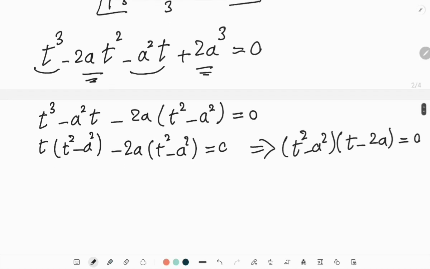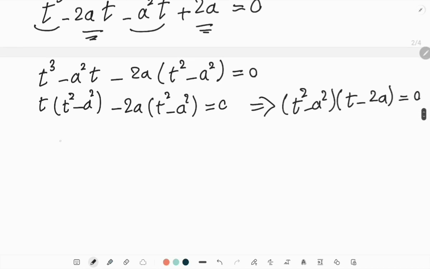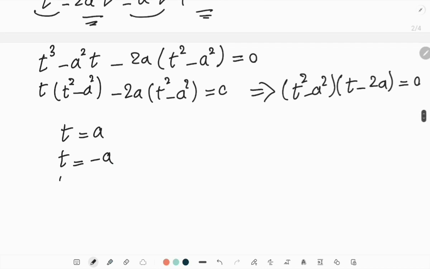So I already know all the roots. Basically t must be either a, minus a, or 2a, right? So these are the values for t. I also know that x, y and z are the roots of this equation. And by the way, that system of equations is also symmetric.